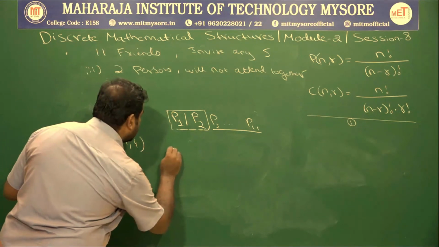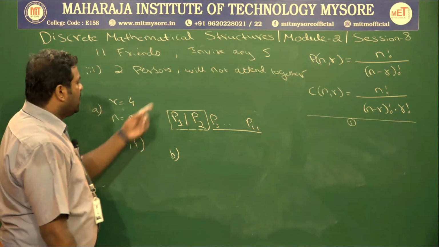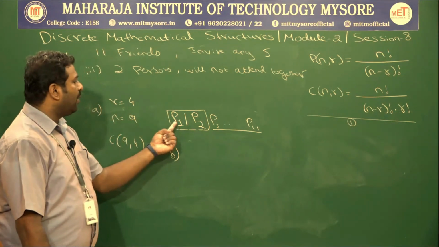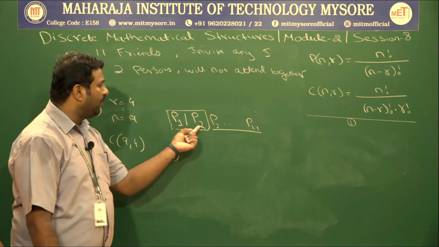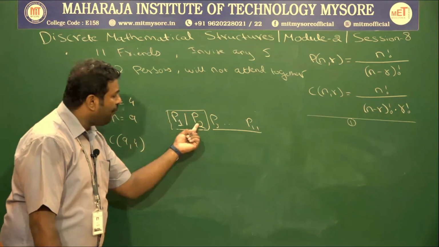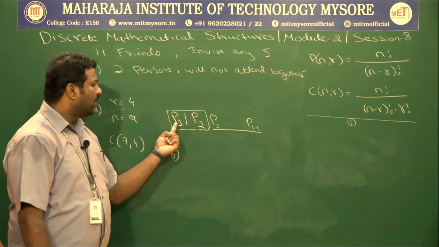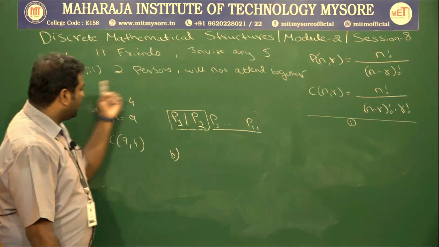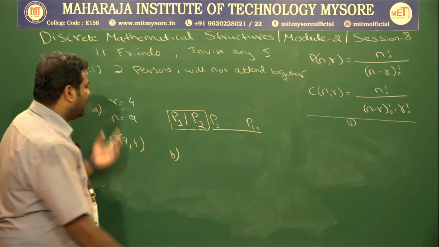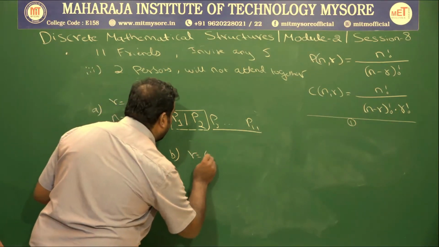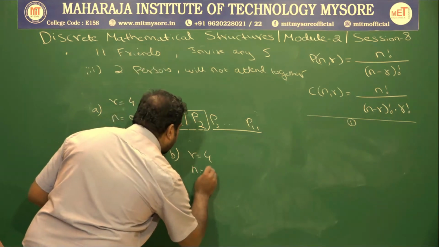In the second case, the first was the case where P1 will attend as P2 didn't attend. Where if I am going to invite P2, it is a similar case now. Now for P2, the same is going to be r equals 4 and n equals 9.